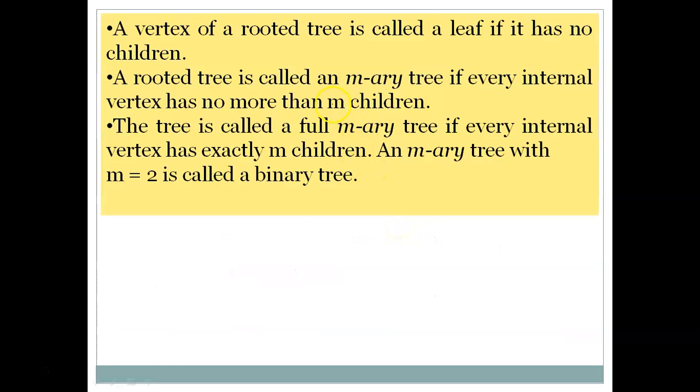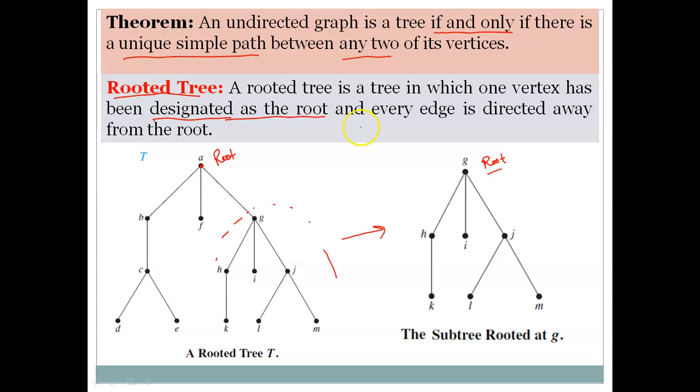Now, a vertex of a rooted tree, you just keep in mind these definitions. A vertex in a rooted tree is called a leaf if it has no children. Let us go back. Suppose in this tree, this vertex has no further linkage, meaning it does not have further children.